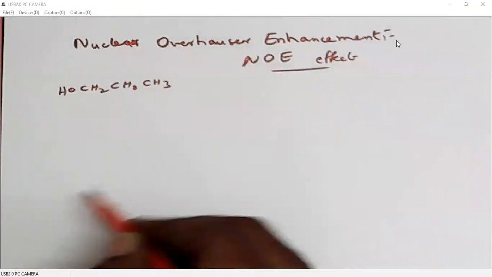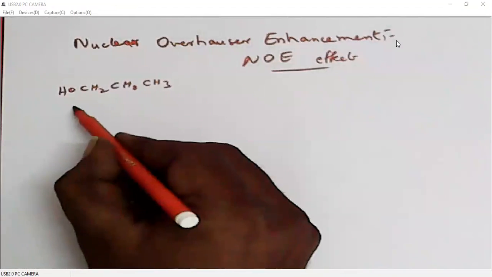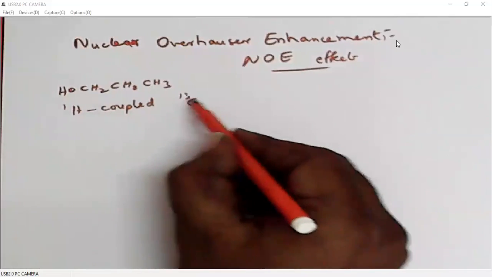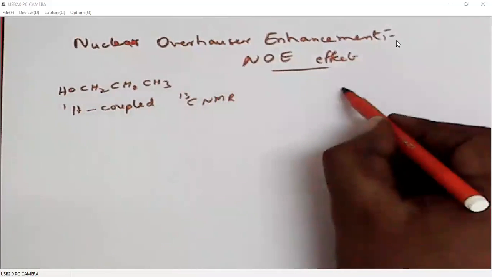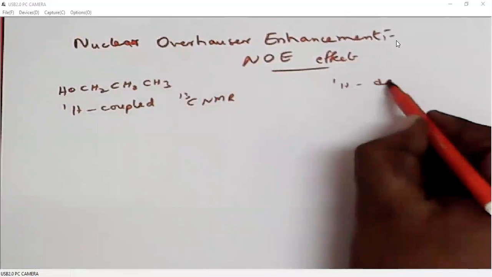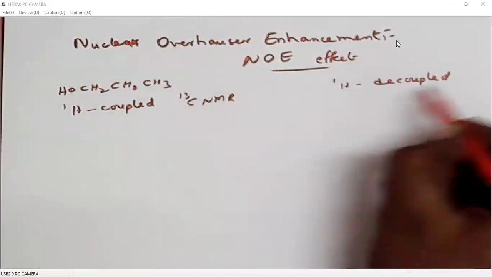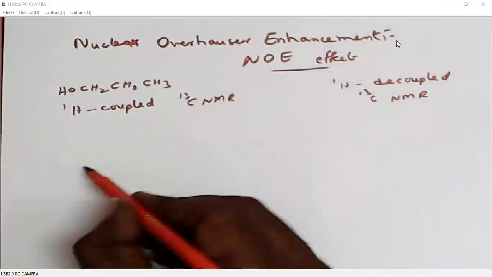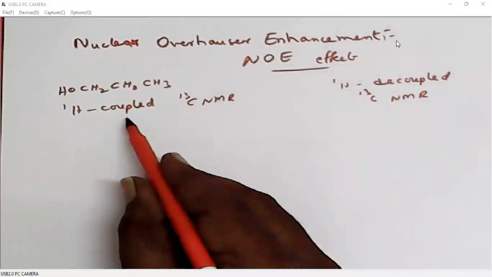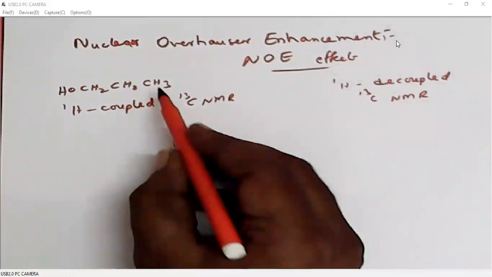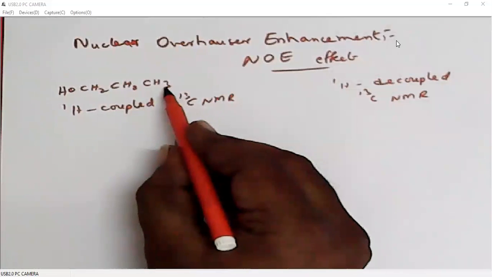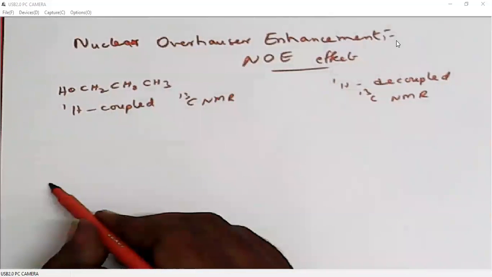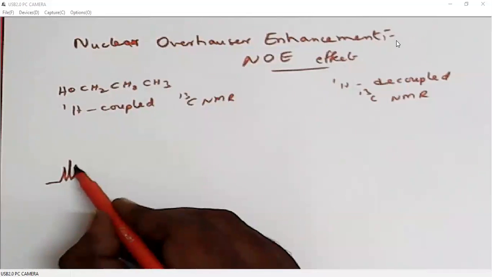N-propanol, when we take the proton coupled carbon 13 and proton decoupled carbon 13, the difference is, when we take proton coupled, we expect 3 signals because 3 carbons are there, n plus 1: quartet, triplet and triplet.